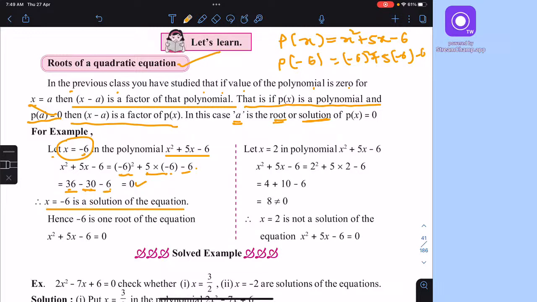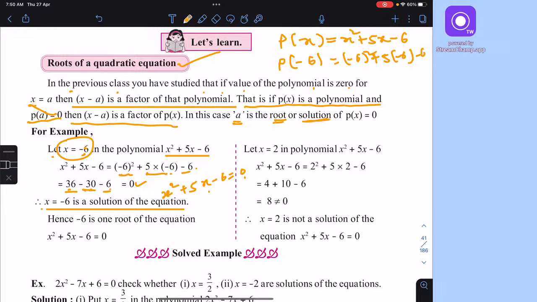The value which satisfies the equation. Here, if you see, the equation is x square plus 5x minus 6 equal to 0. This is a quadratic equation. If x is replaced by minus 6, you are getting left hand side also 0 and right hand side 0.